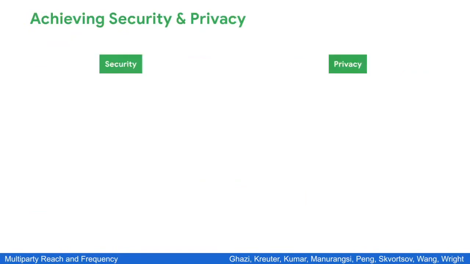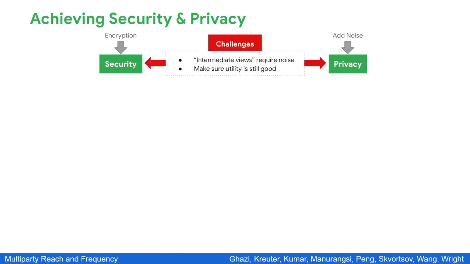The latter will be achieved via encryption, and for the former we are adding noise. However, there will also be complications that arise in our protocol because our protocol will leak some intermediate states that will be sensitive data. And to make this data private, we have to add noise. However, we have to add this noise carefully, as otherwise we might destroy the utility of the protocol.